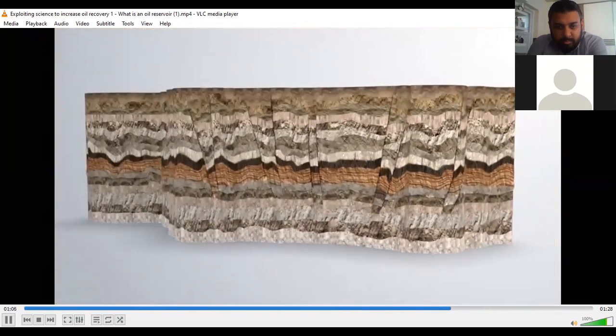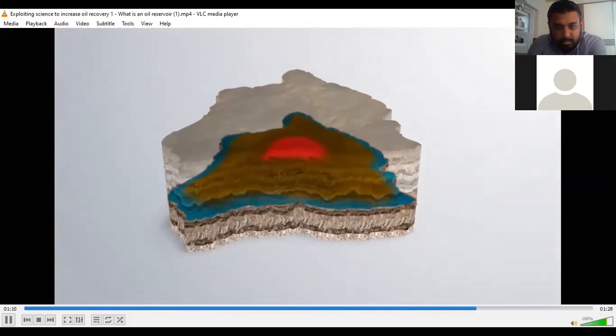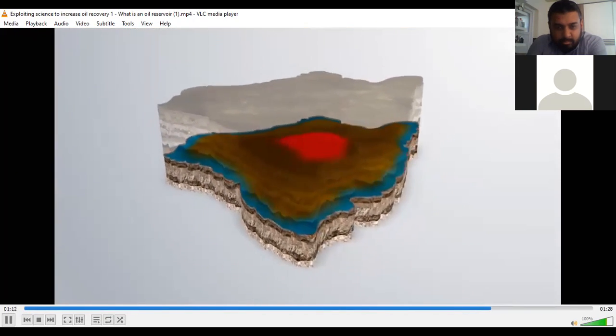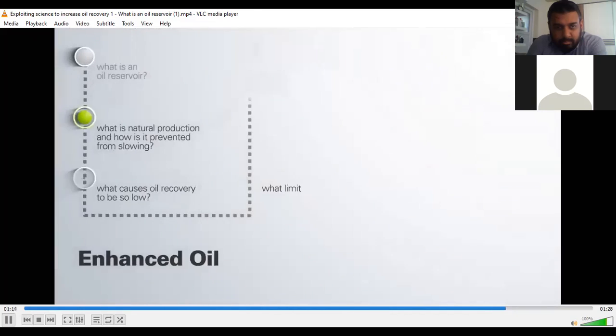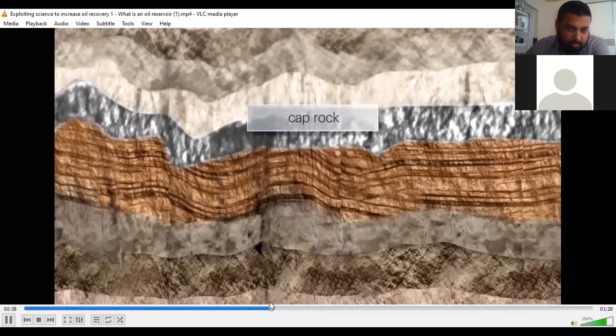And a reservoir with production potential is formed. But recovering that potential oil is not as straightforward as you might think.